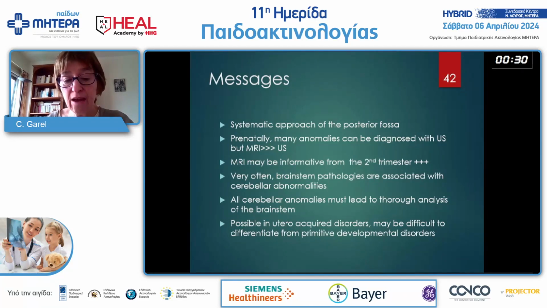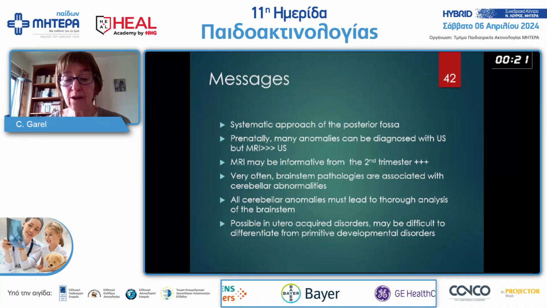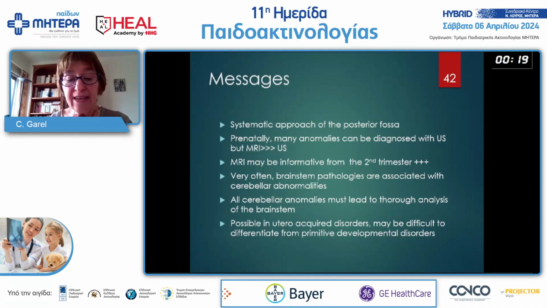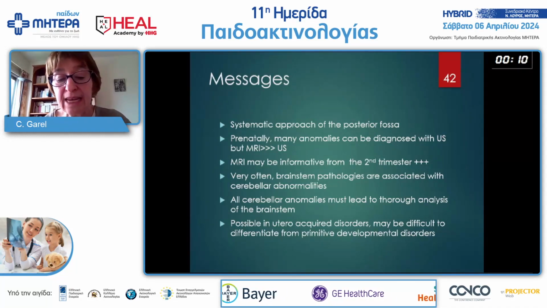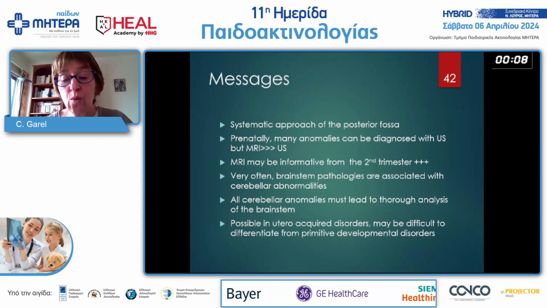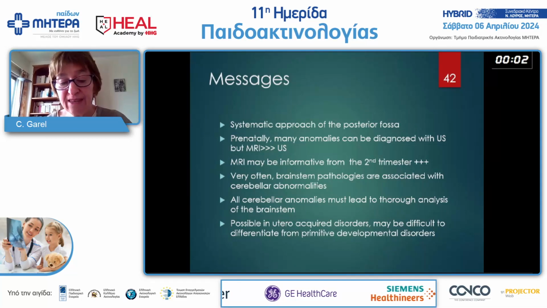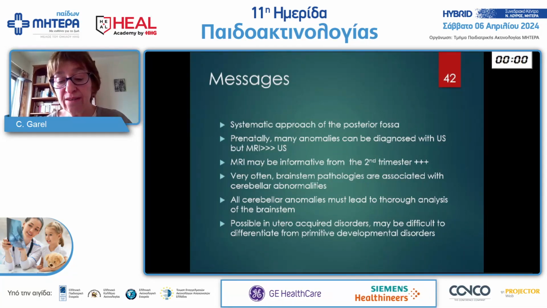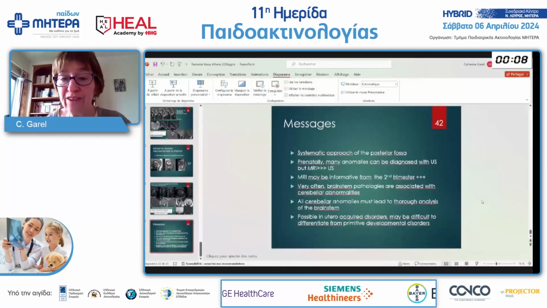As you have seen, many brainstem pathologies are associated with cerebellar abnormalities, and conversely, some cerebellar abnormalities must lead to brainstem analysis or be associated with brainstem pathologies, so that as soon as we see a cerebellar anomaly, we have to thoroughly analyze the brainstem. And we have seen that some in utero acquired disorders may be difficult to differentiate from primitive developmental disorders. I thank you for your attention.